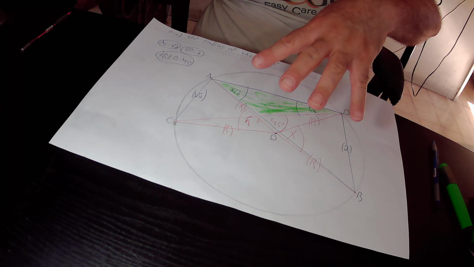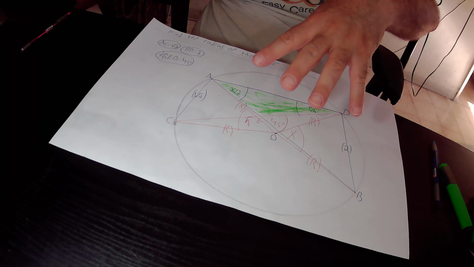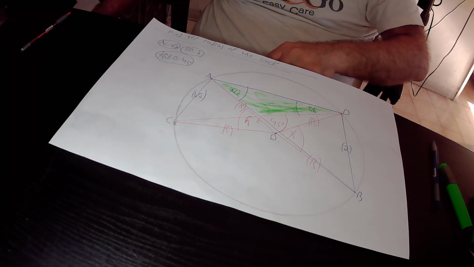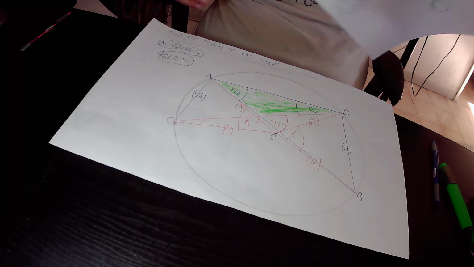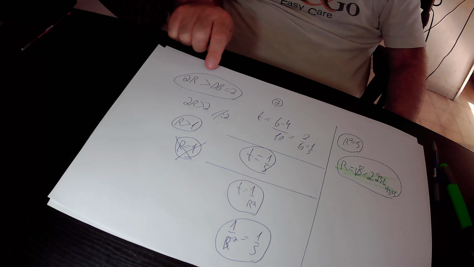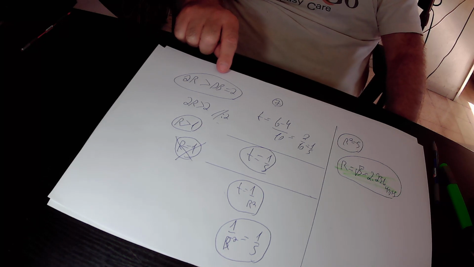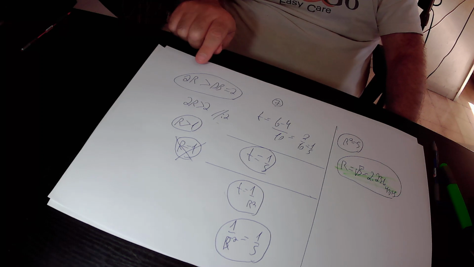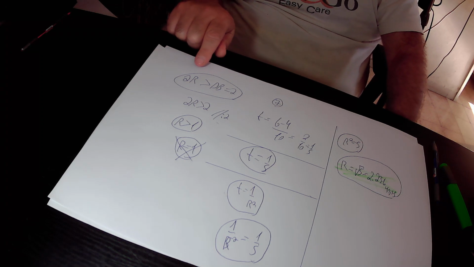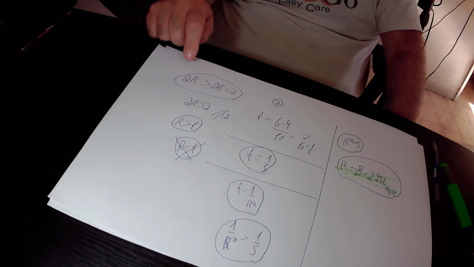What is the diameter of this circle? The diameter of this circle is of course equal to 2r. So the diameter of our circle, 2r, must be greater than DB, which is not the diameter, and DB equals 2. From this, we derive that 2r is greater than 2.